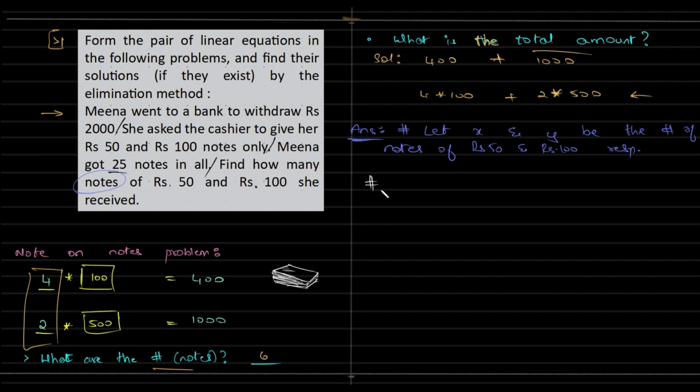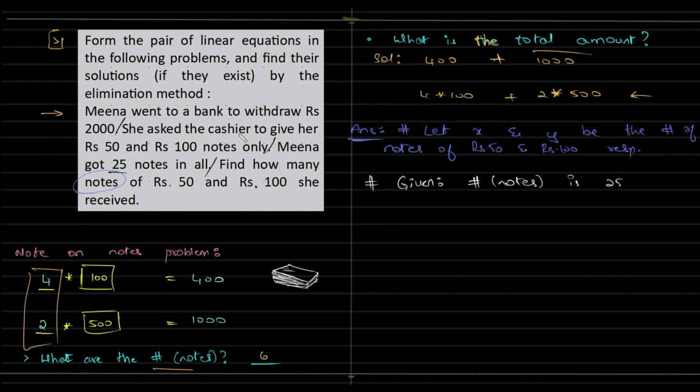Now, given: Meena got 25 notes in total. So the number of notes is 25.